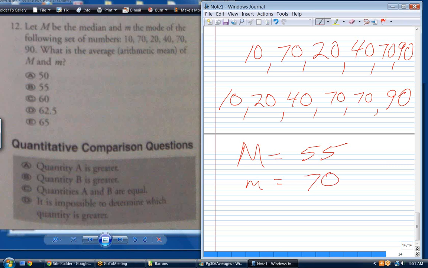Okay. So what's the average between big M and little m? 60. Nope, wait, it's 125. So 62.5. Yeah.